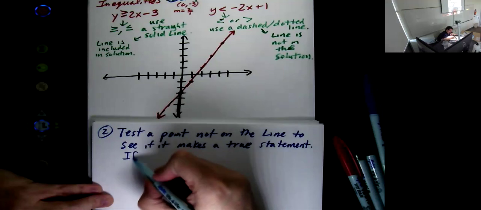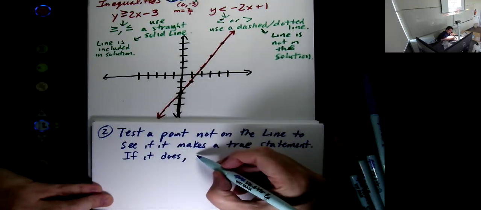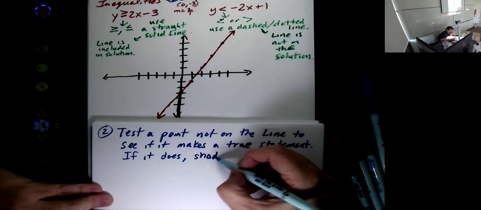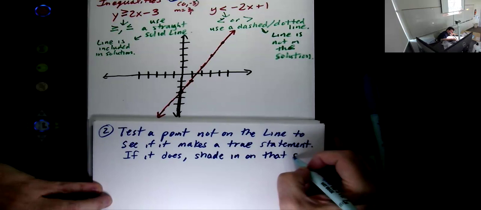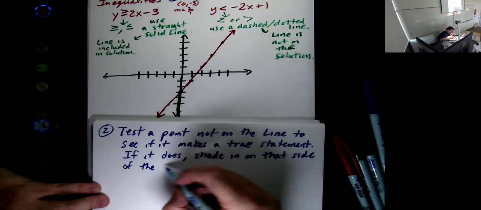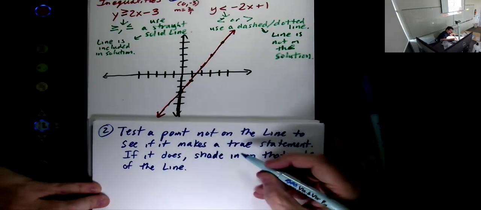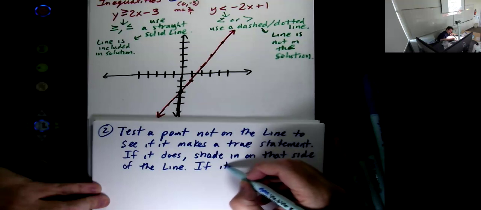If it does, shade in on that side of the line. If it doesn't, shade the other side.